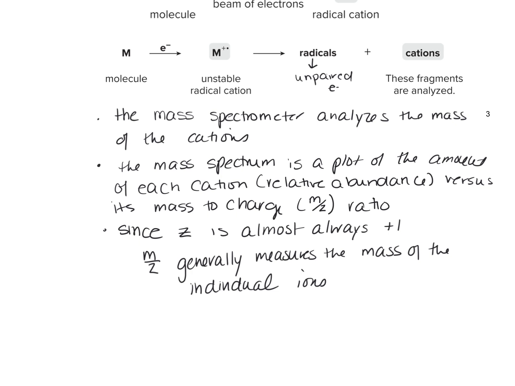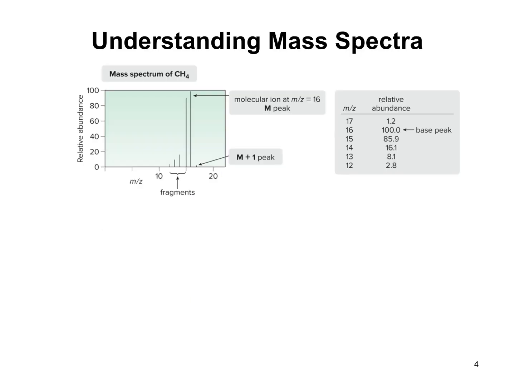Let's look at an example of a mass spectrum. When we look at a mass spectrum, we have the relative abundance on the y-axis, and the mass to charge ratio on the x-axis. When we look at this, the tallest peak is called the base peak.